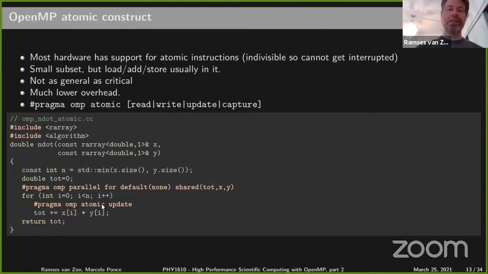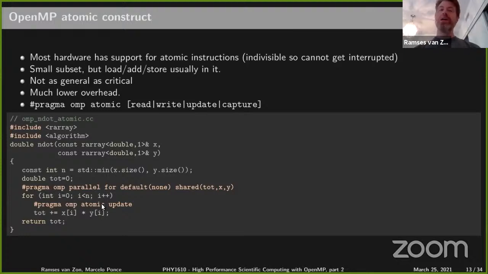Atomic is there because some parts of the CPU actually have instructions to make things atomic. So there's a difference between critical, which means only one thread is allowed to execute at a time, and atomic, which says this instruction doesn't get split up. And that is enough to get the right answer.